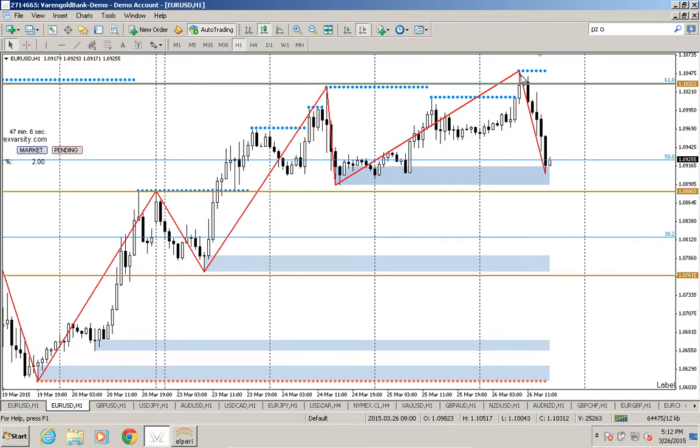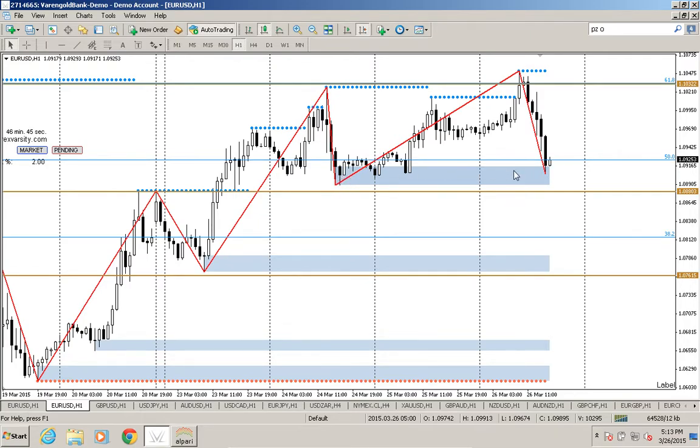Today we had a new high and a possible low, but the possible low we have right now with price at this point in time is still higher than our previous low.